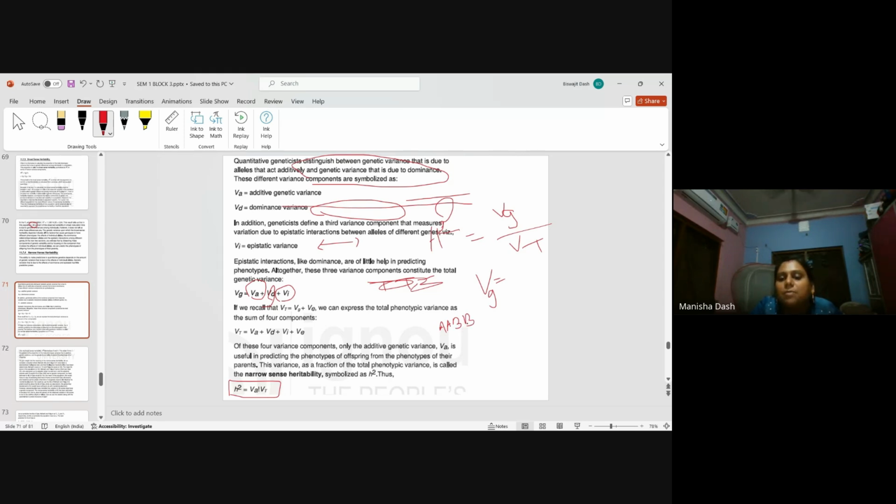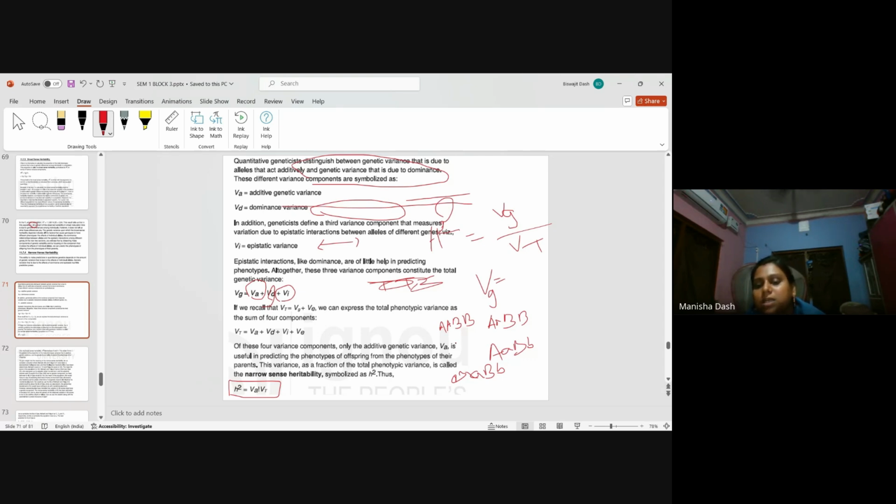So one genotype could be like this. Another genotype could be capital A, small a, capital B, capital B. Another could be capital A, small a, capital B, small b. Another genotype could be small a, small a, capital B, small b. Okay. So you see, every genotype is different from each other, right?